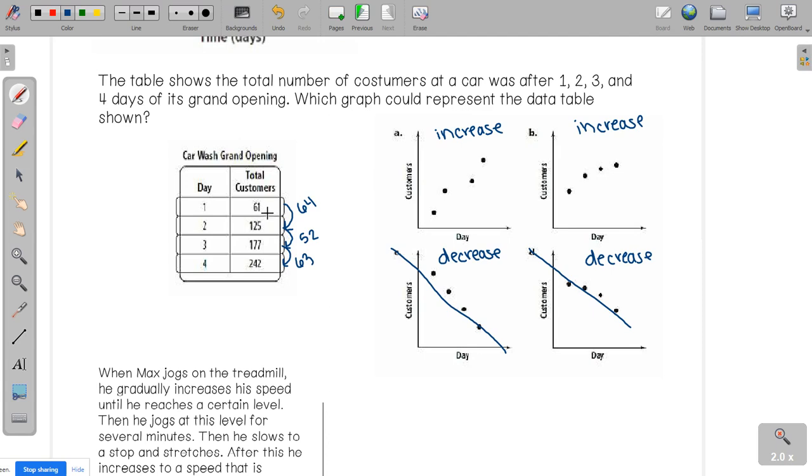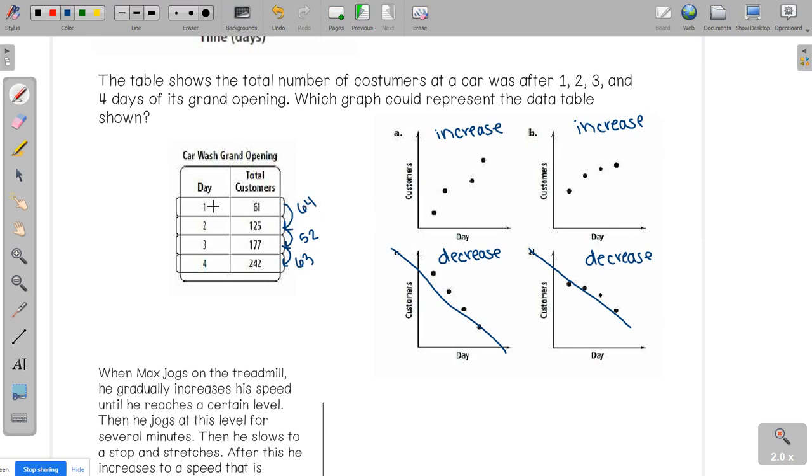So here we have 61, then we go to 125, 177, and 242. So that kind of makes sense. Here, let's think. 61, 125, 177, and 242. That kind of makes sense too. But let's look at the difference between each day. So between day 1 and day 2, we had an increase of 64, then a smaller increase between the next 2 days of 52, and then about the same as the first 2 days of the increase.